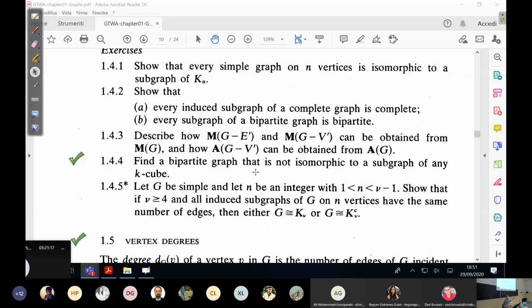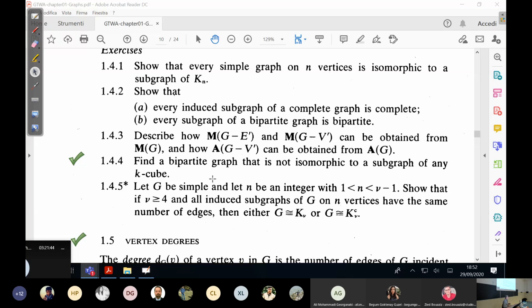But here they do not say whether it is possible or impossible. They state, and I can give you an example: find a simple bipartite graph that is not isomorphic to a subgraph of any k-cube. Find one and prove it.